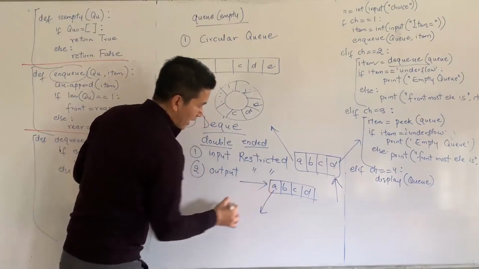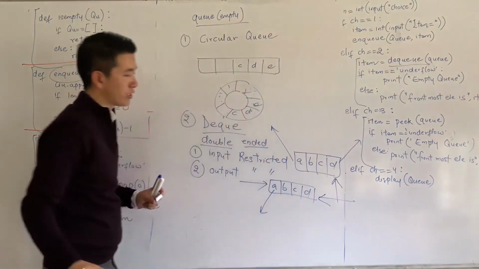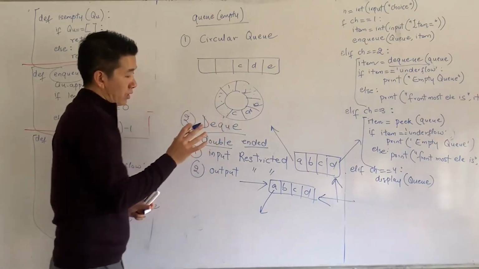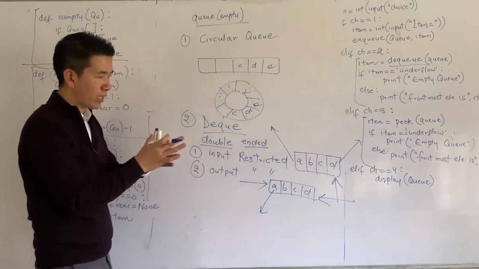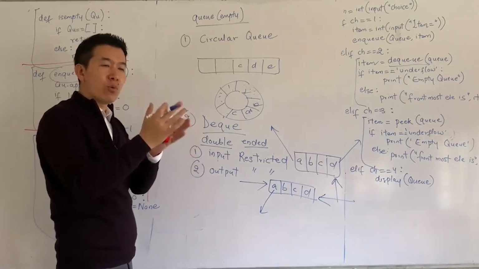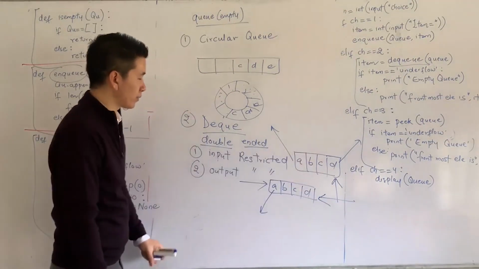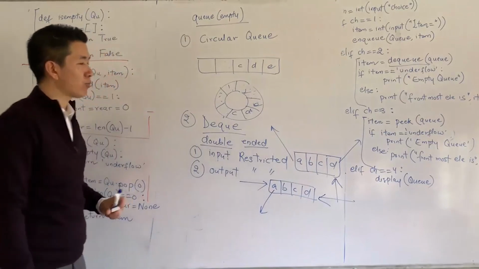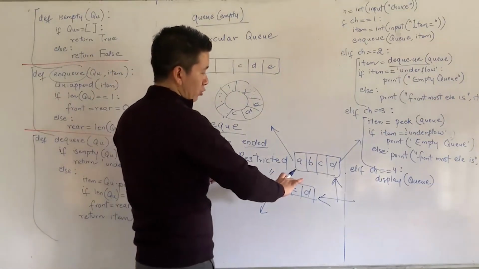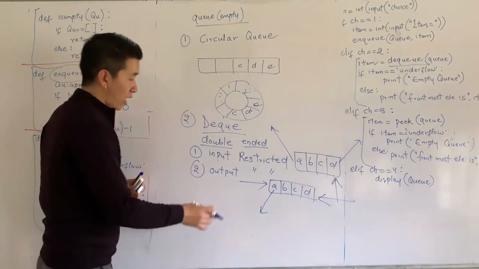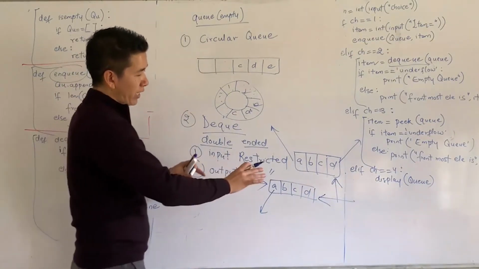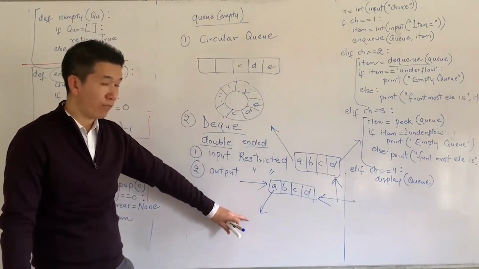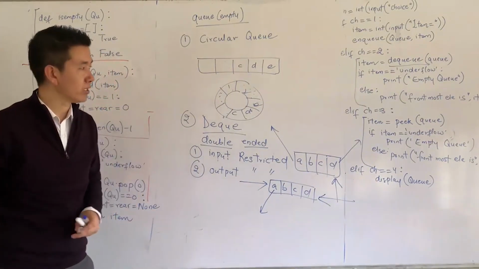However, the adding of the element could take place at both ends. So you need to be a little logical. Input restricted means you can only add at one end, that is the rear end, but you can have the removal or the deletion at both the ends. And in the output restricted, the element can be removed only from the front end, but you can have the insertion at both ends, right?